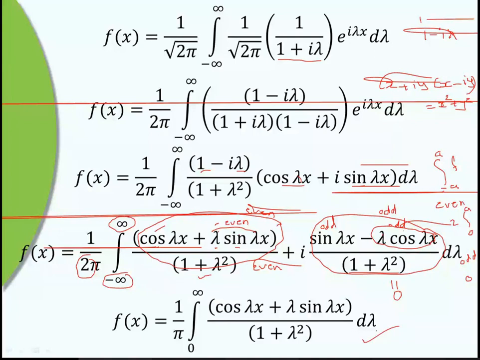So in this problem, both sine lambda x and cos lambda x terms are there, so we use the general Fourier transform. Then we got the value, and we convert it to f of x by using the inverse Fourier transform. But this is not the answer. In the answer, we want sine and cos terms. So we use Euler's formula and remove the complex number from the denominator by multiplying and dividing by the conjugate.